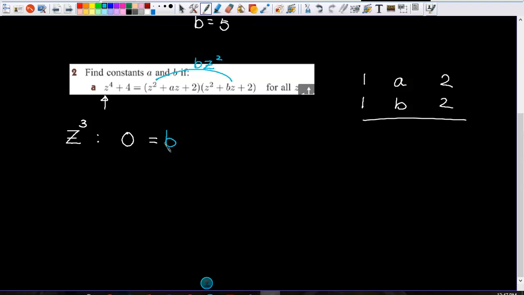Now, where else can I get another z cubed? Right, so I can get another one with this z squared times the other z there, and that becomes a z cubed. So that becomes plus a.